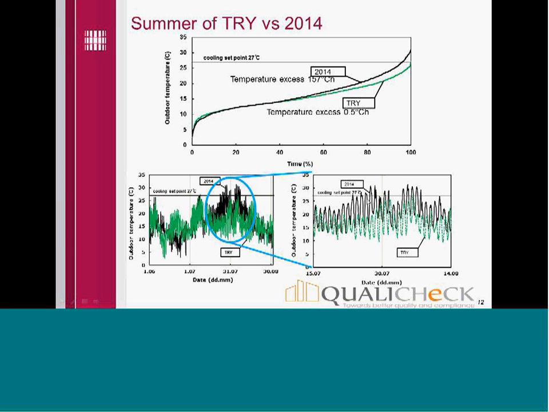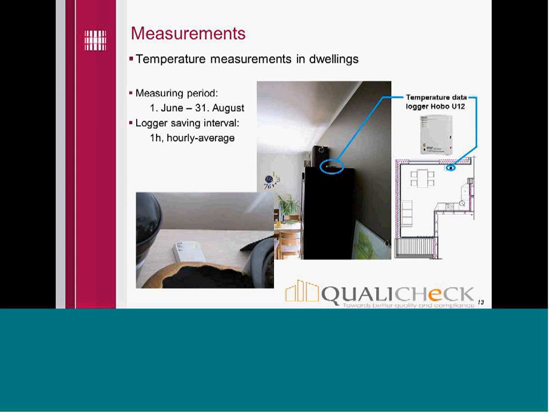Especially in July, we can see many periods where the temperature was quite high compared to the test reference year, which represents just a common representative summer.